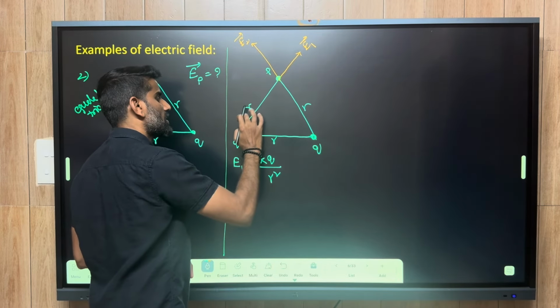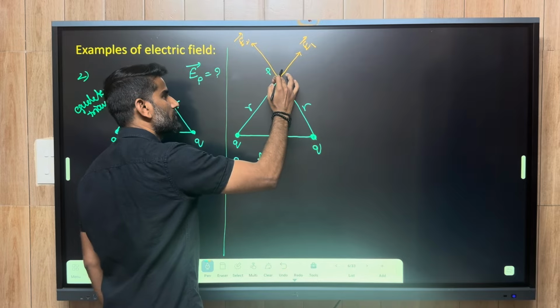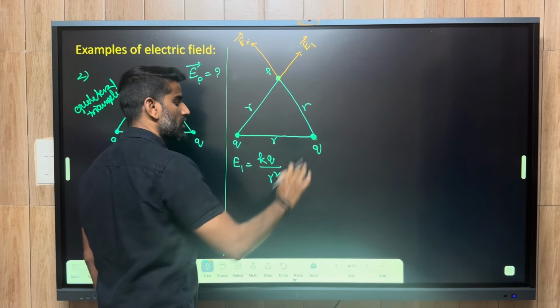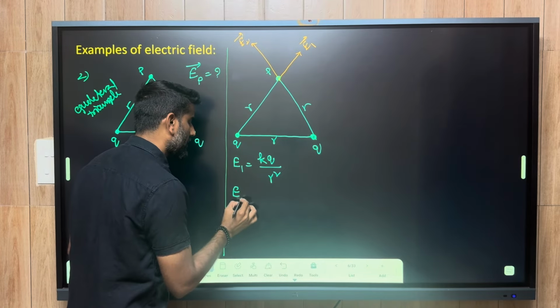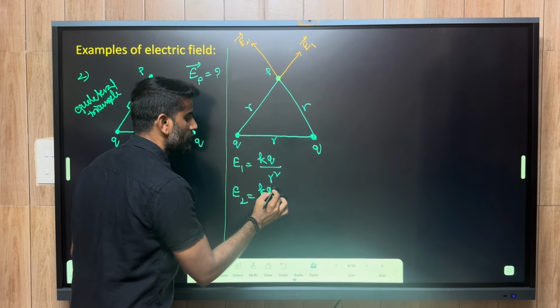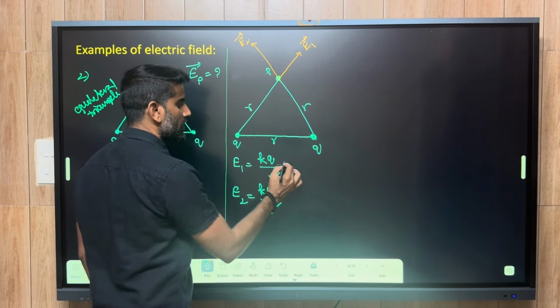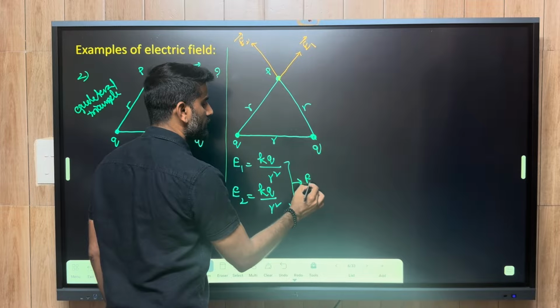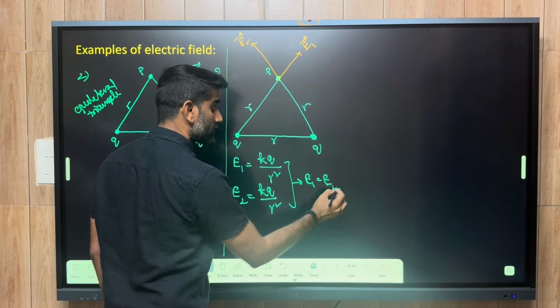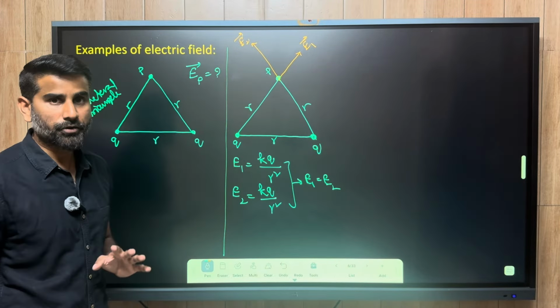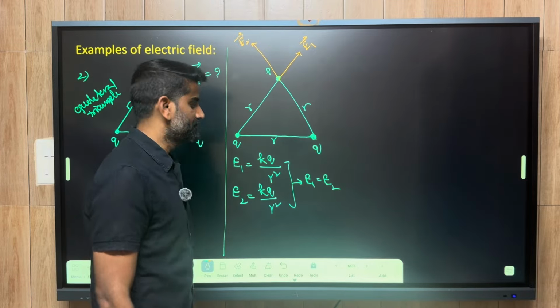The point of interest is at distance R from the point charge. Here also the point of interest is at distance R from the point charge. And E2 is again KQ by R square. And we come to a conclusion, E1 is equal to E2. Magnitudes only. Magnitudes are the same.